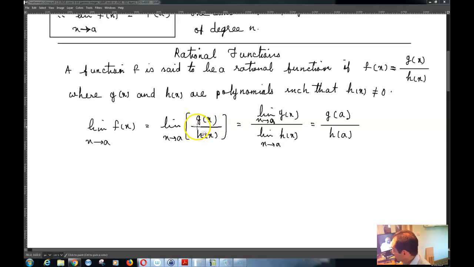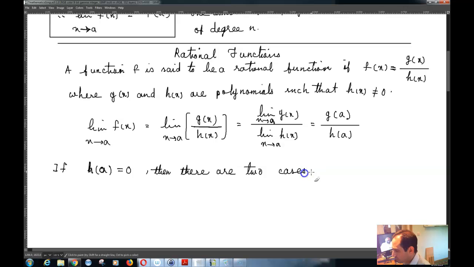But in some cases, your denominator h of a becomes 0, and actually in many cases h of a becomes 0. Then there are two cases.